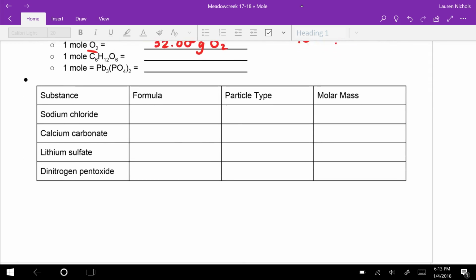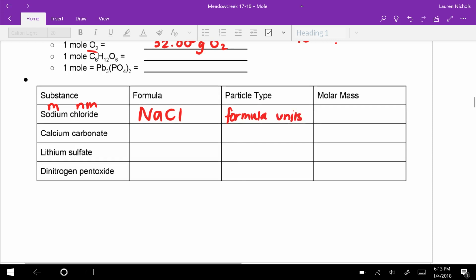Now, when we're looking at this chart, okay, we want to decide what the formula name is. And so when we're looking at sodium chloride, we know that sodium chloride would be NaCl. They both have a positive 1 and negative 1 charge respectively, so there's no need to cross and drop. And in terms of particle types, sodium is a metal, chloride is a nonmetal because it's referring to chlorine, and so that means it's ionic, and it will be using formula unit.